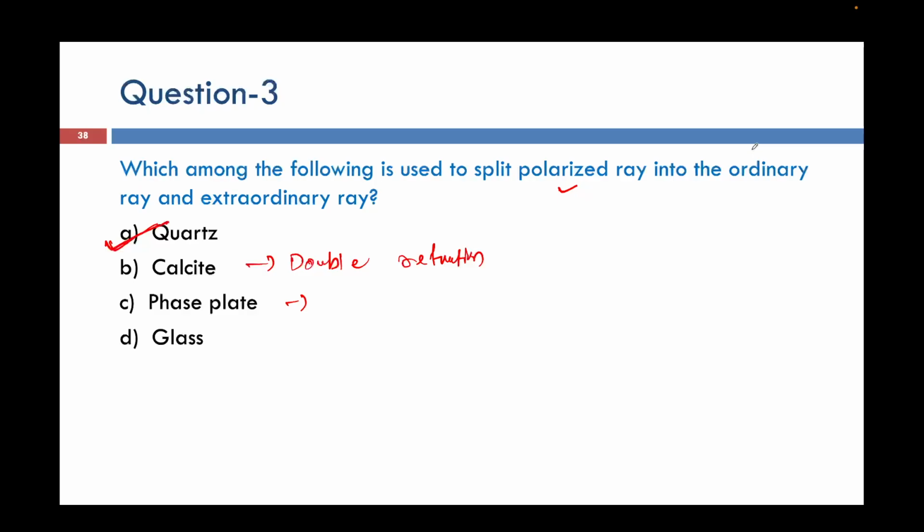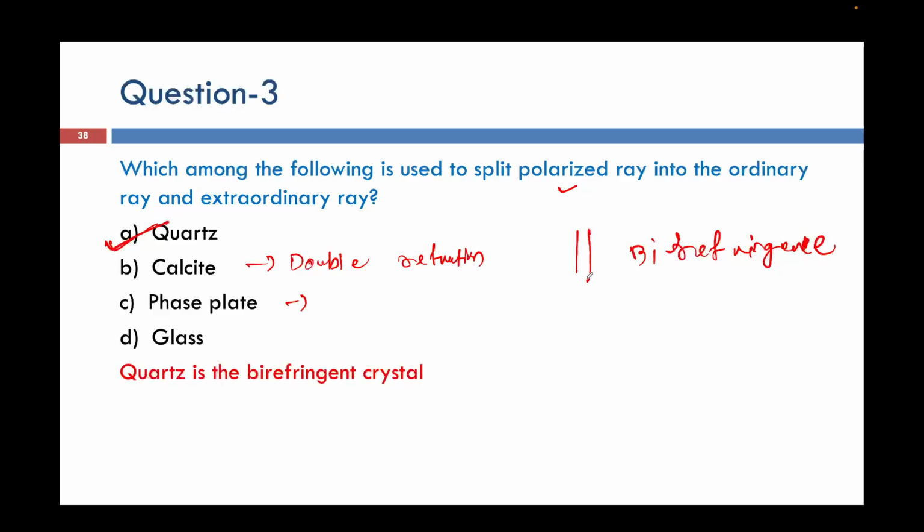So that is the difference between double refraction and birefringence. Calcite is doing double refraction, but it is not able to split the polarized ray into ordinary and extraordinary. So the correct answer will be quartz. It is birefringent.